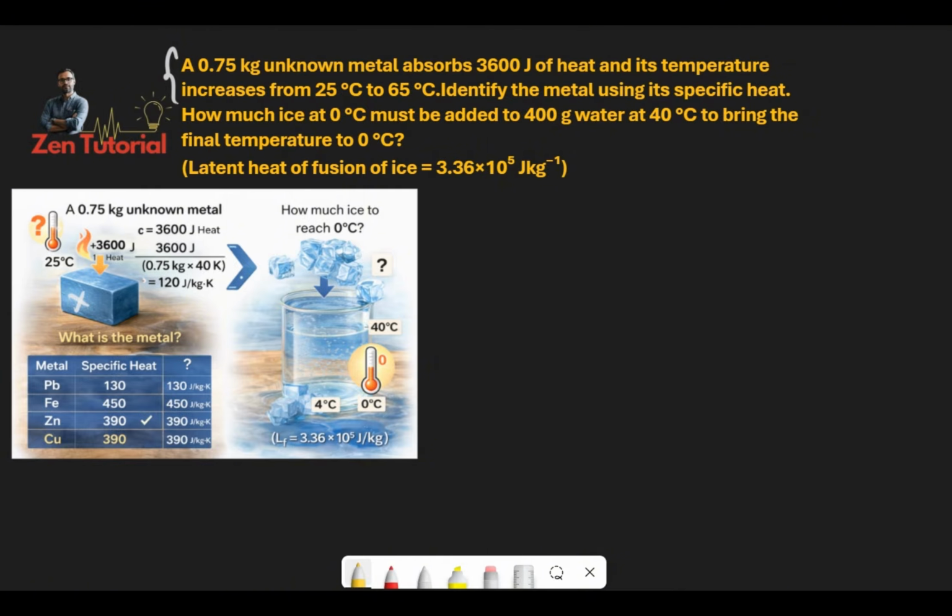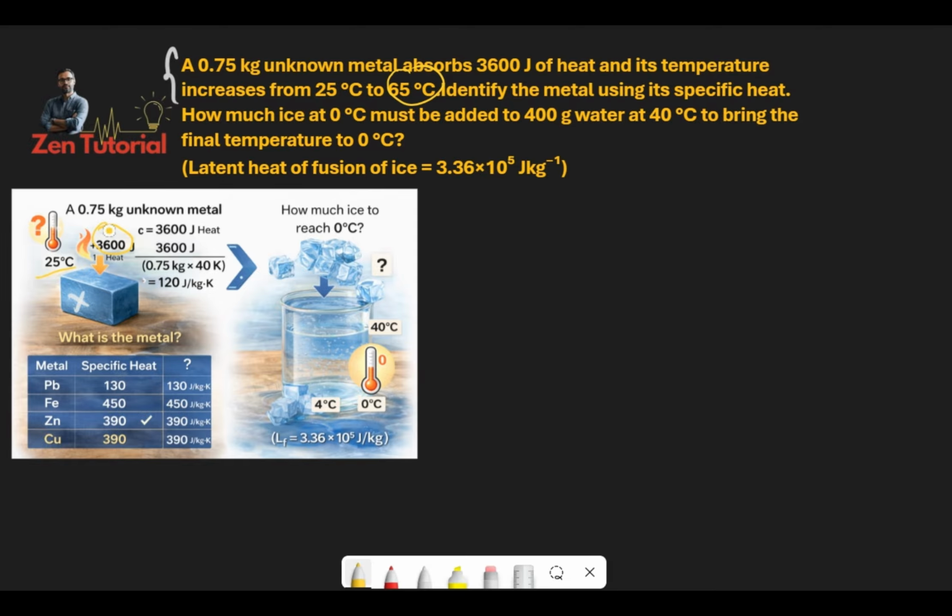Initially it was 25 degrees Celsius, from the question of course, and after absorbing 3600 joule of heat, the temperature rises to 65 degrees Celsius. We have to identify what material the bar is made of.